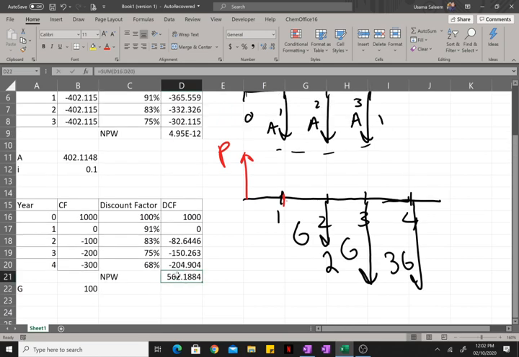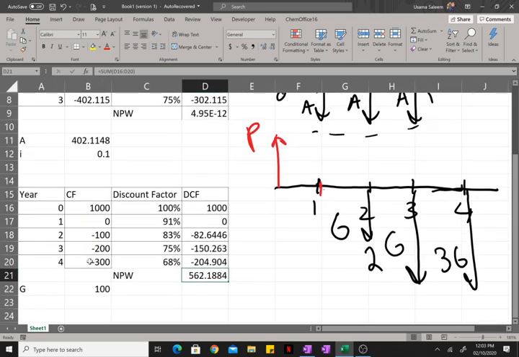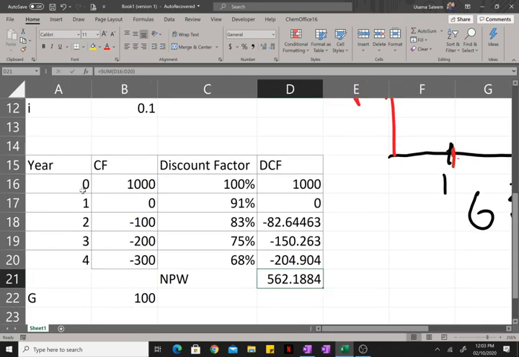Okay, so we have our table set up. The thing that I really like about this method is that you have a column for your cash flow, so you can see your cash flows, and you have another column that shows you the discount factor for that particular year. This level of detail shows me precisely what is happening in the problem.